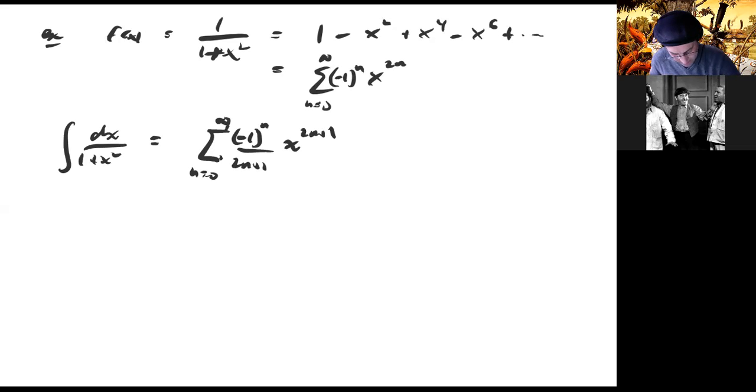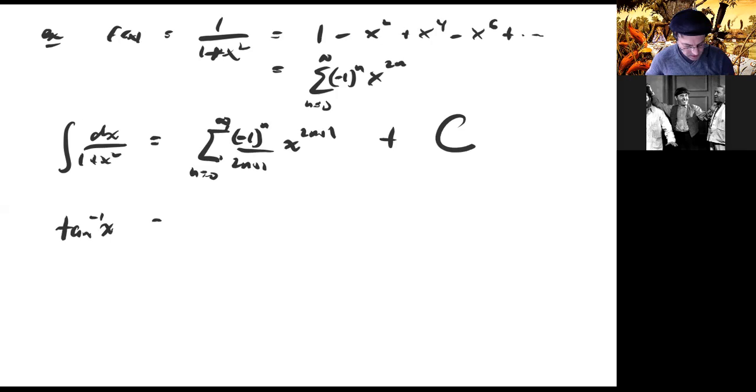But then we have to add that plus c. So now we know that a particular antiderivative of the left side is arctangent of x. That's from chapter 7 in the book, Methods of Integration. The integral of 1 over 1 plus x squared is arctangent x.